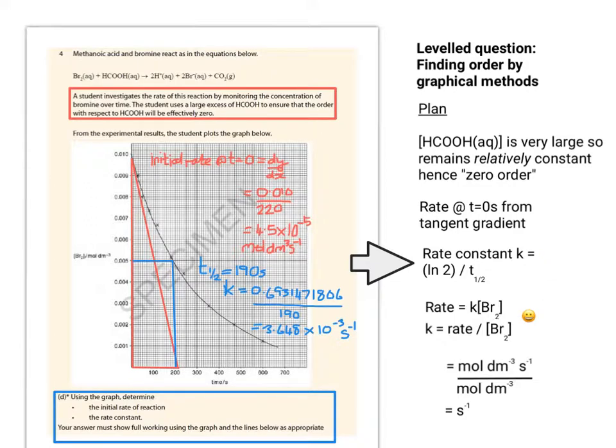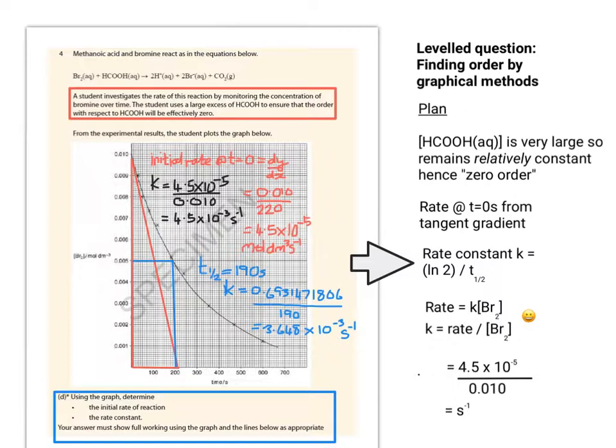So now let's do it as if we were just using concentration of Br2. So I'm going to use the initial concentration and the initial rate and substitute into this expression. So if we now insert the values 4.5 times 10 to the power of minus 5 divided by 0.010, we get 4.5 times 10 to the minus 3 seconds to the minus 1 as our value.